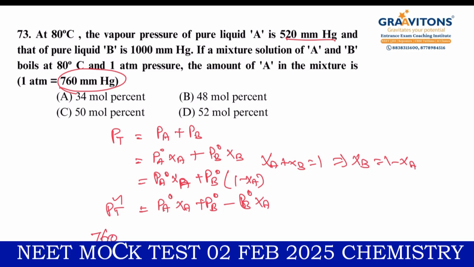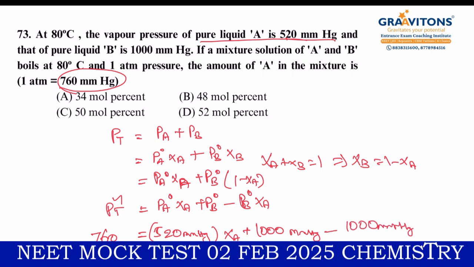So 760, and that is equal to PA naught, the pure solvent value here, 520 mmHg into XA plus, what about PB naught? It is 1000 mmHg minus, and here comes mmHg. What about XA? We need to find. So solving this, you can find XA to be 0.5.